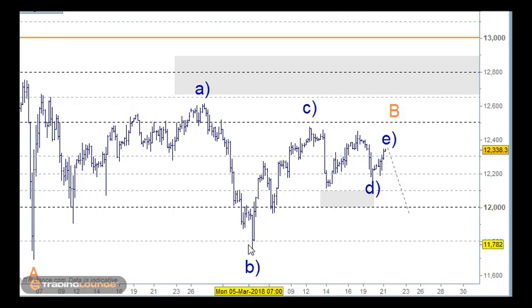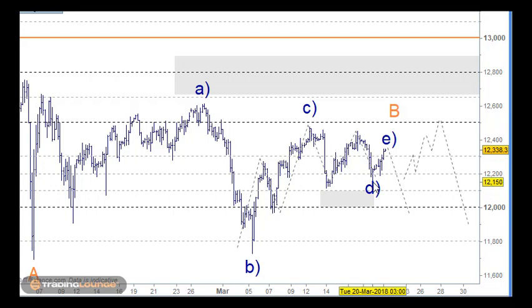But it's also possible to count this here. It's got overlapping wave structures, so it's a bit of a no-no, but still up for 1 here, back for 2 here, up for 3 here, an A and a B and a C for wave 4 here, and then that would leave us with 5 waves to the upside, making a new high here and then dropping here.